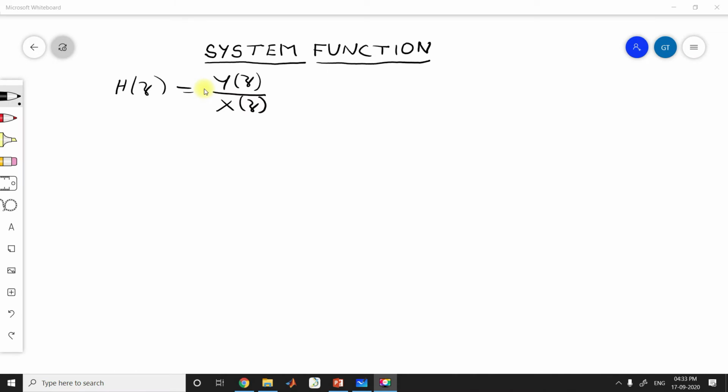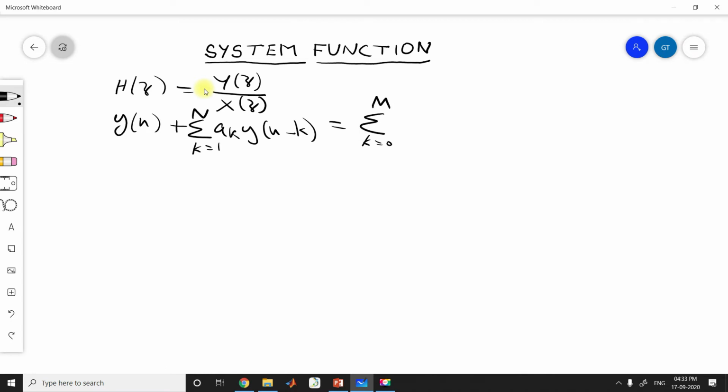Let us derive the system function from the general difference equation. A system function H of z is defined as the ratio of the z transform of the output to the z transform of the input. The general difference equation we can write as y of n plus sigma k equal to 1 to n ak y of n minus k, which is equal to sigma k equal to 0 to m bk x of n minus k.